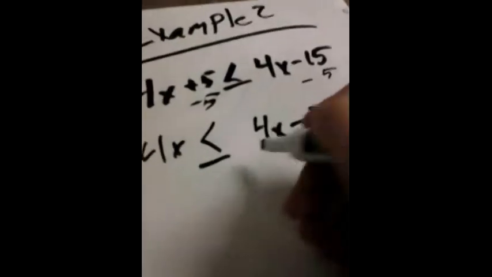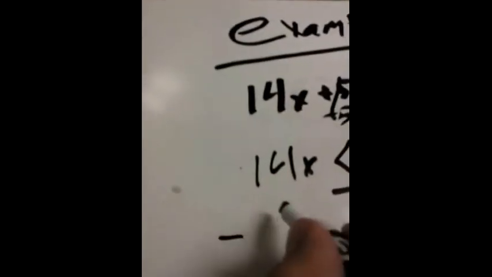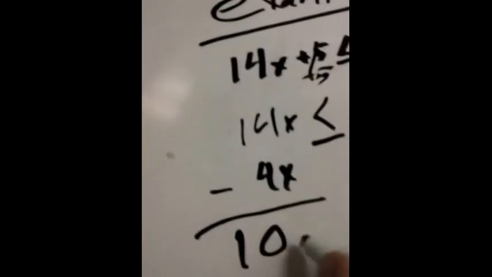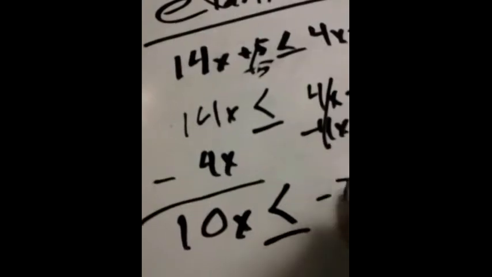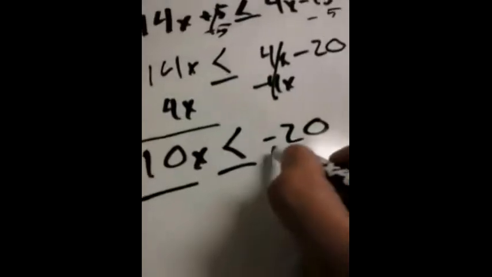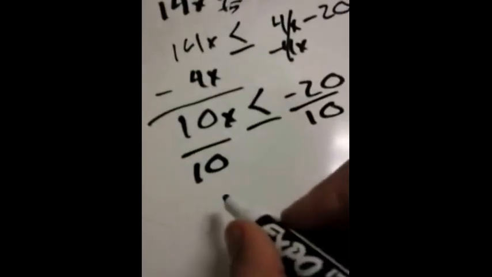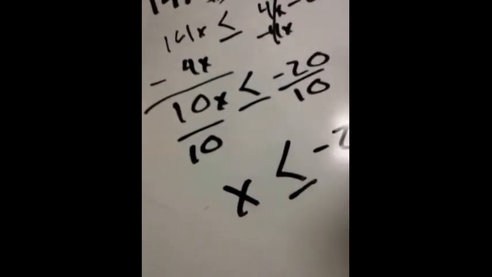Alright, then subtract 4x from both sides. Cancel those ones. This brings us to 10x is less than or equal to negative 20. Okay, then we divide by 10 on both sides. That brings us to x is less than or equal to negative 2.